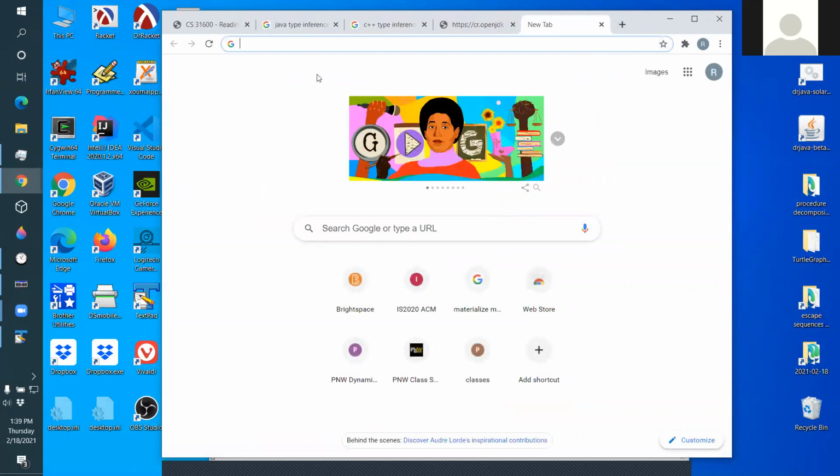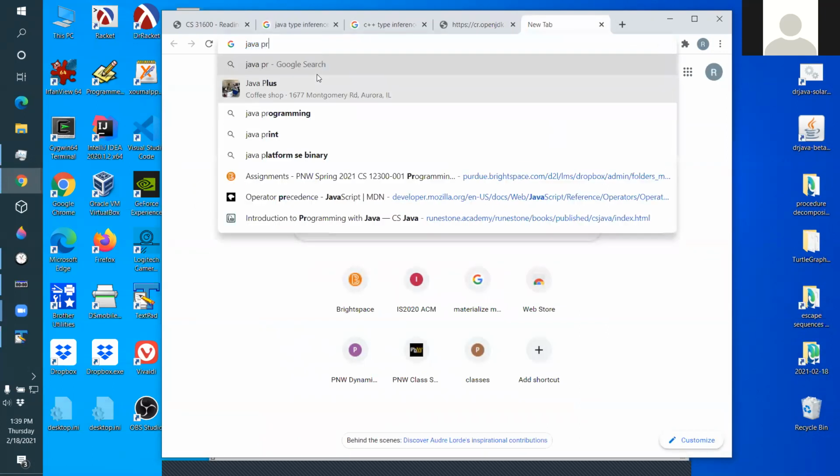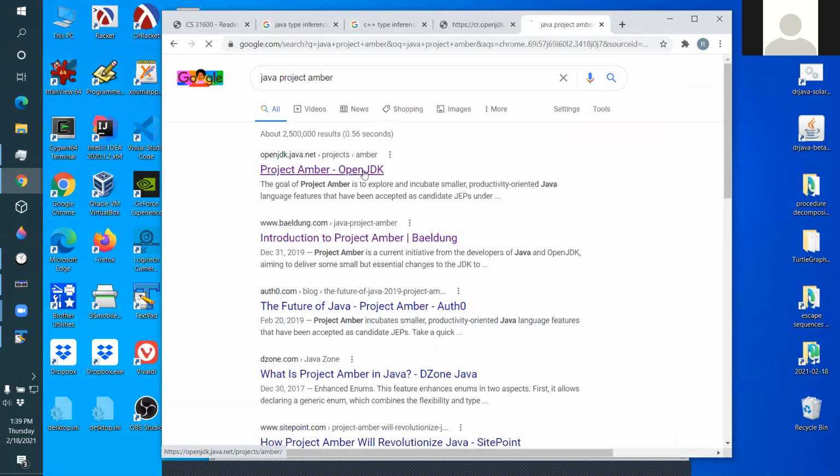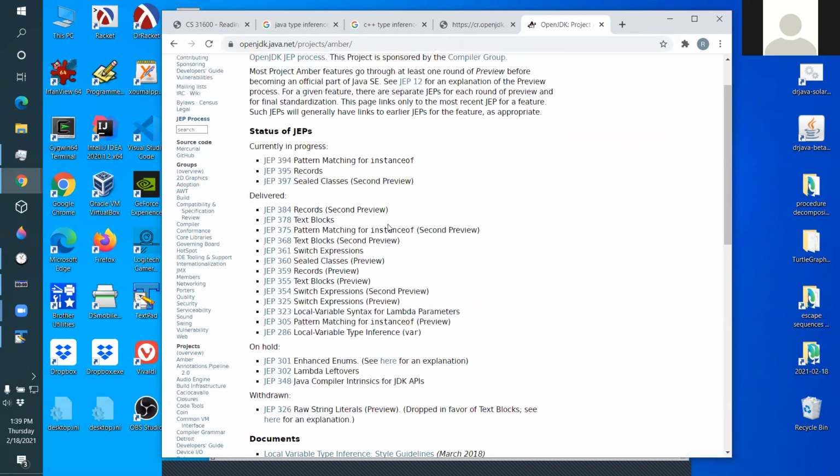So if you search for Project Amber, it's adding a bunch of new features to the Java language, and pattern matching is one of them. And type inference is part of it too. See, local variable type inference.